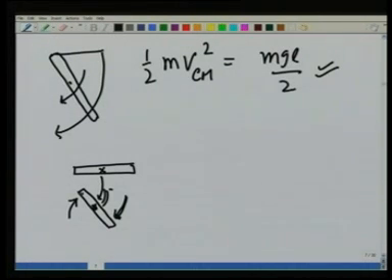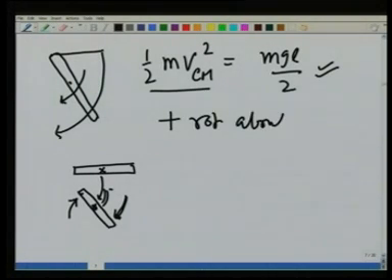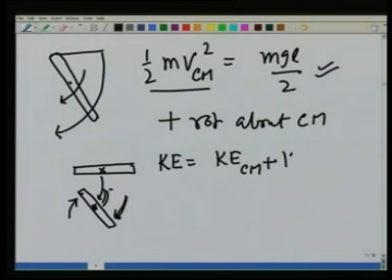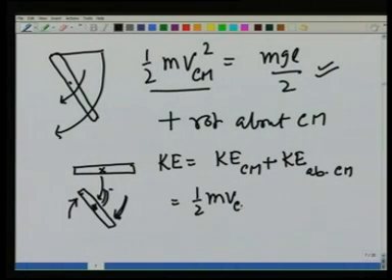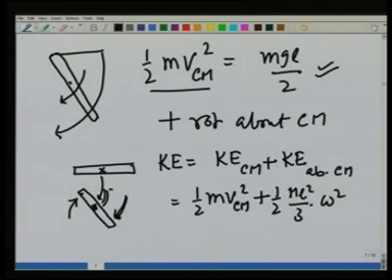So, actually the motion is 1/2 m v c m square plus rotation about c m, and if you calculate the kinetic energy, it is always K E of c m plus K E about c m. It will come out to be 1/2 m v cm square plus 1/2 I about cm omega square, which will be m l square over 3 omega square.